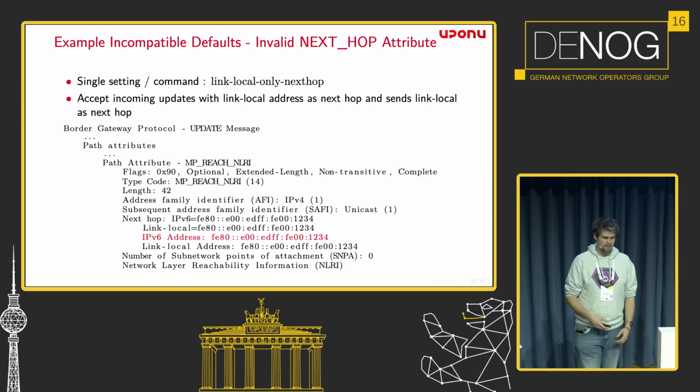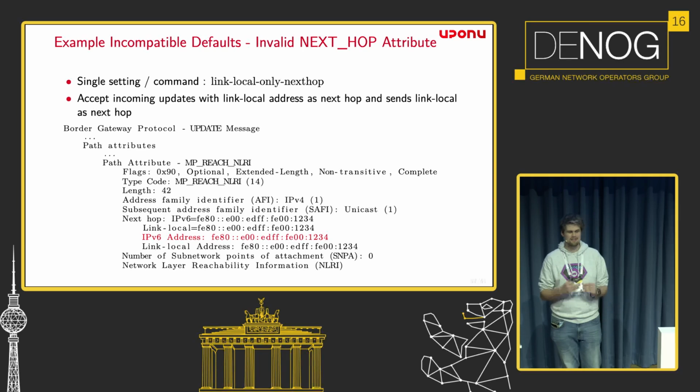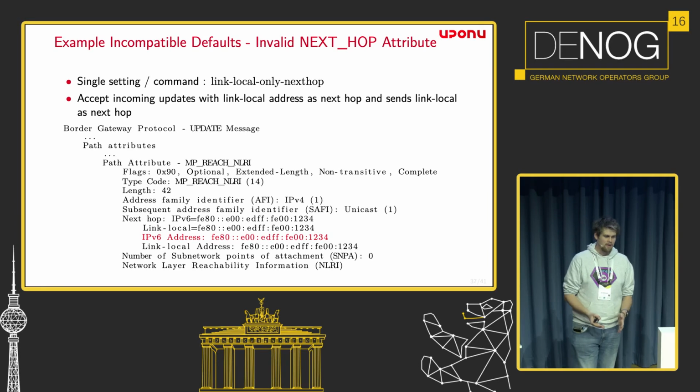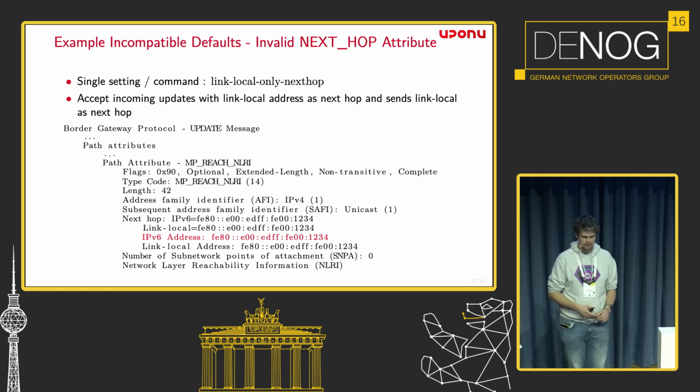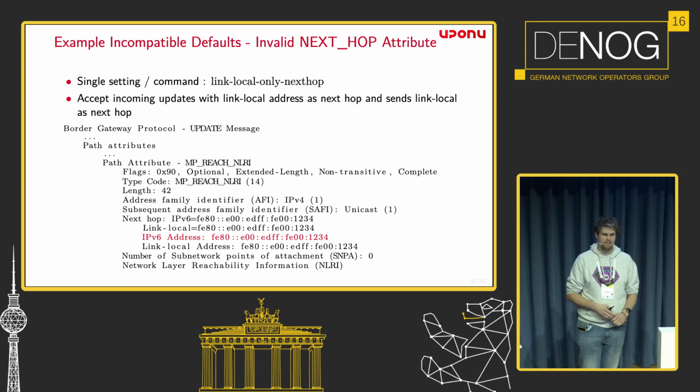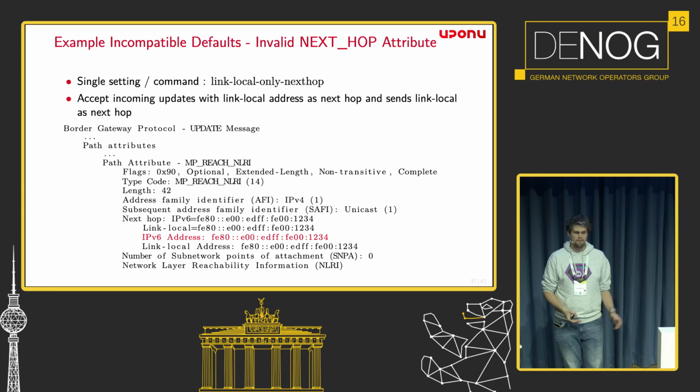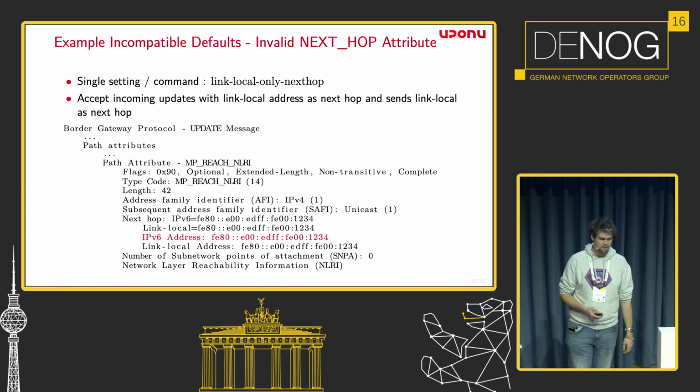So what we did is lots of Googling, and finally, okay, there is one specific command you have to set for that. The Dell switch sends the link local next hop information also in the IPv6 address field in the update messages, and then also accepts link local addresses from a peer with IPv6 local addresses.